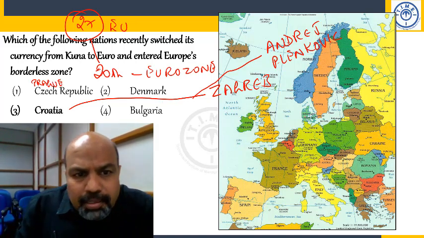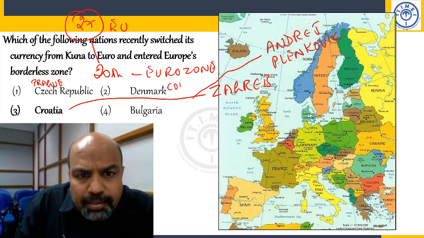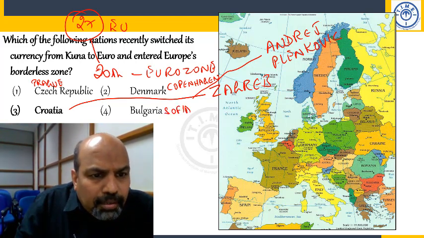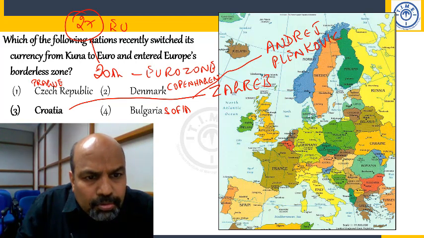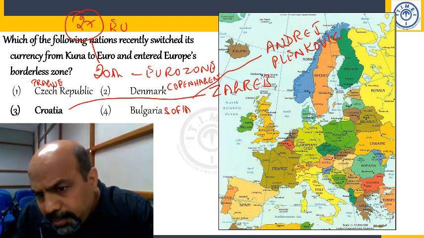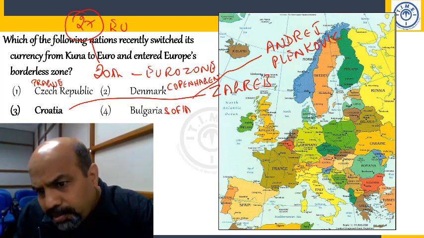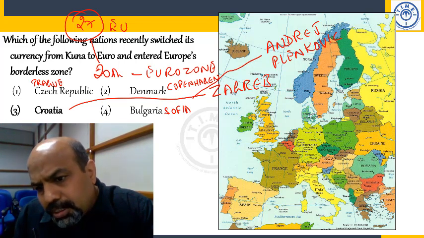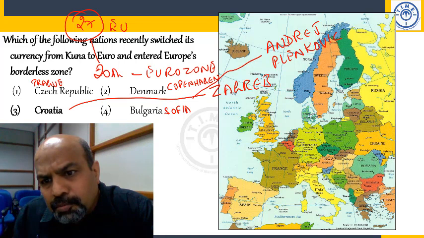Denmark, Copenhagen. Bulgaria, Sofia. Poland, Warsaw. You want to know where Bulgaria is? This is Bulgaria, on the border with Turkey, Greece, and North Macedonia. And this is Poland, a pretty large country.